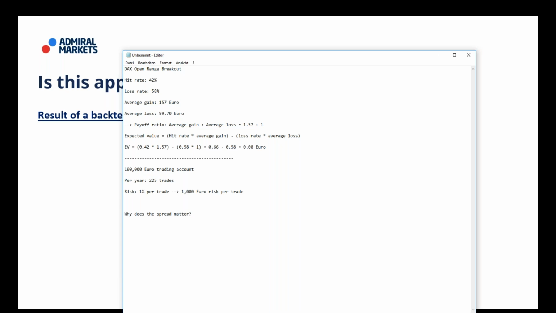What we can do is calculate what we should expect. It's a purely theoretical approach, because market conditions change. And I already said the hit rate of 42% is unusually low for this approach based on my personal experience, which means that usually you should expect a higher hit rate.